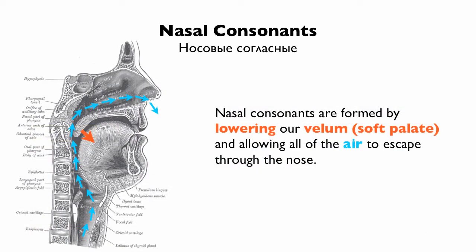Nasal consonants are formed by lowering our velum, a soft tissue in the back of the mouth, and allowing all of the air to escape through the nose. The following tongue twister doesn't contain any nasal consonants. We should therefore be able to say it while holding our nose without affecting the sound.